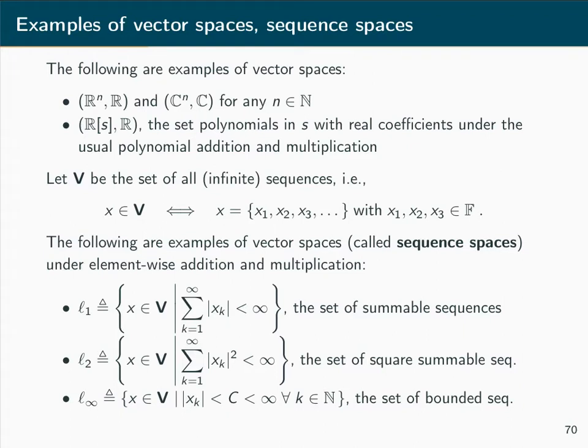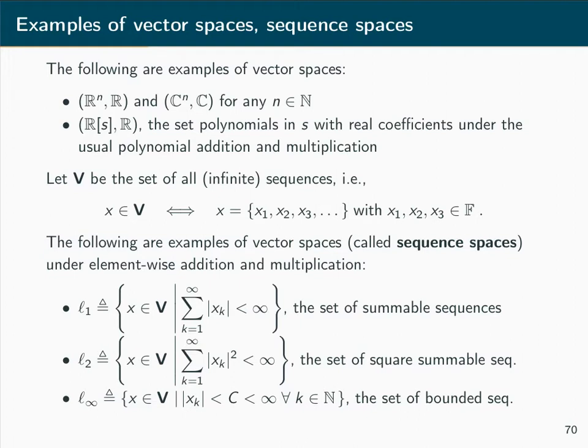The first one is the sequence space L1, which is the set of all sequences that satisfy that the infinite sum over all of its elements of the absolute values of the elements of the sequence is bounded, so it's less than infinity. And this is called the set of summable sequences.